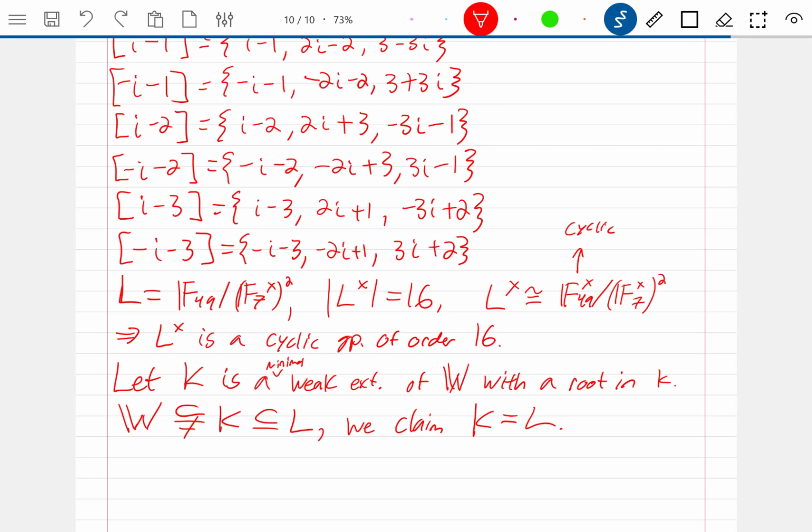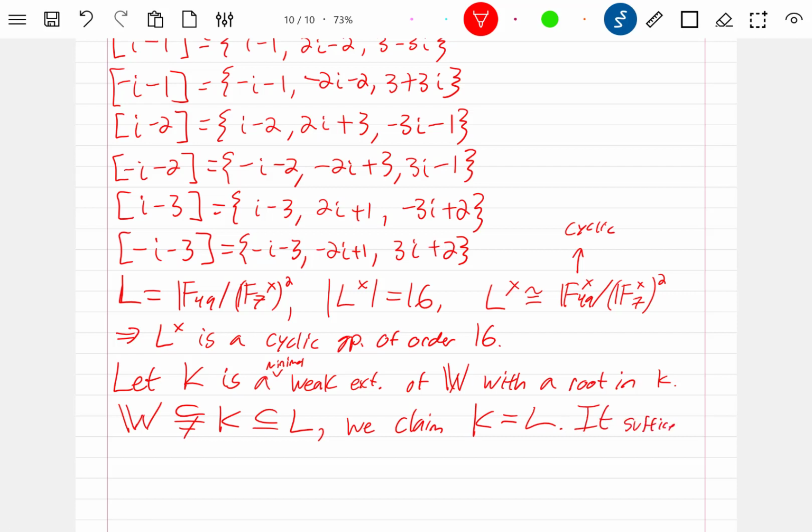And to do this, it suffices to show that the multiplicative groups of K star and L star are the same. So we will have to use Lagrange's theorem here.